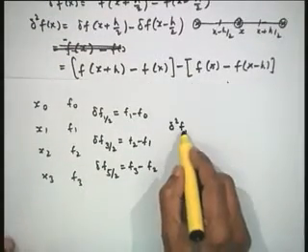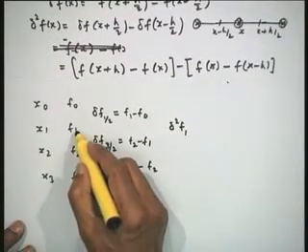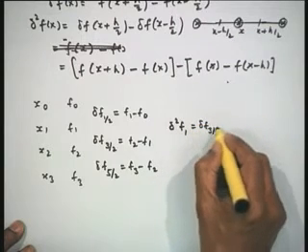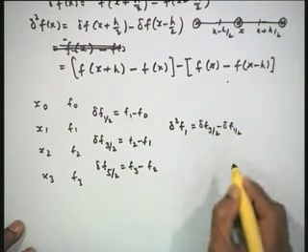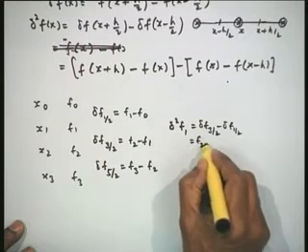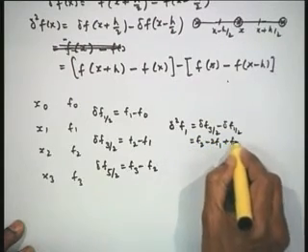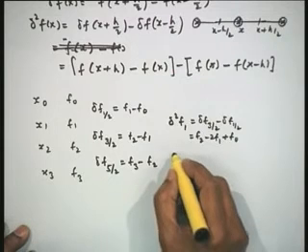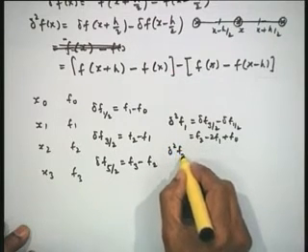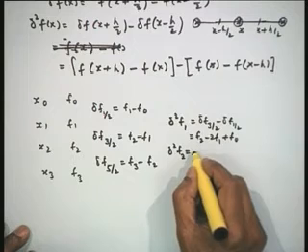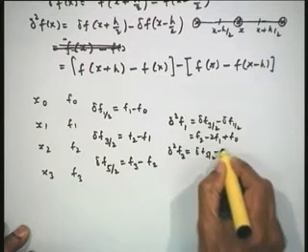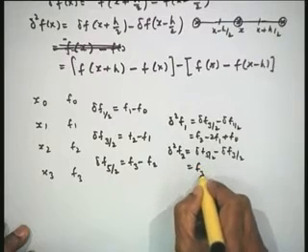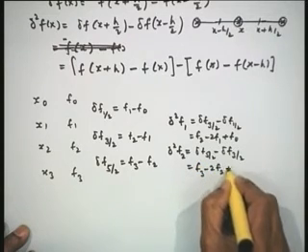Therefore, delta squared f1 will be f2 minus 2 f1 plus f0, that is equal to delta f 3 by 2 minus delta f half, which we can write as f2 minus 2 f1 plus f0. Now, I can also write delta squared f2, this minus this, delta f 5 by 2 minus delta f 3 by 2, which would be equal to f3 minus 2 f2 plus f1.